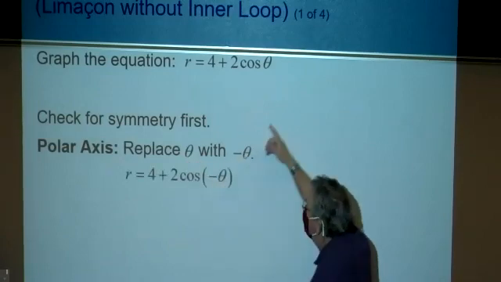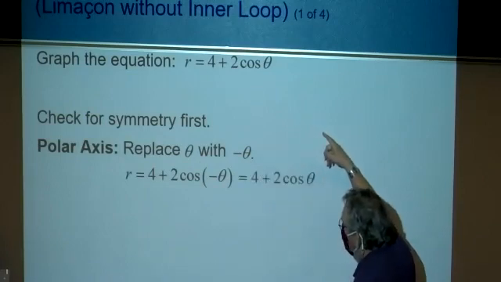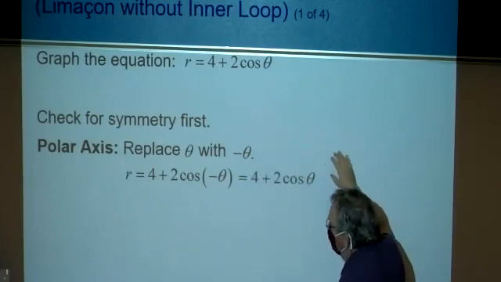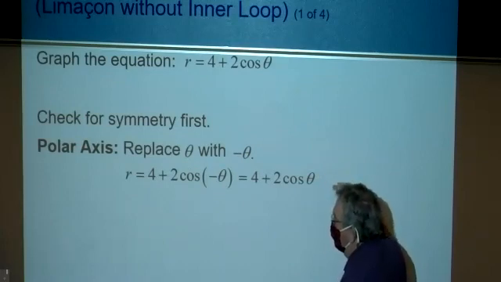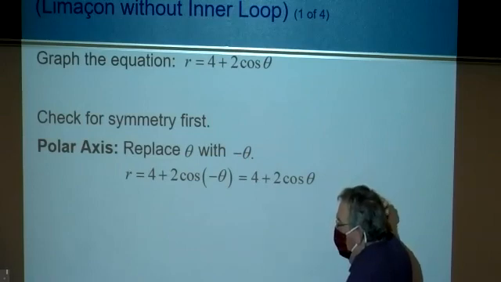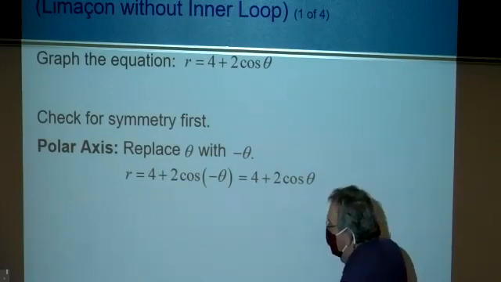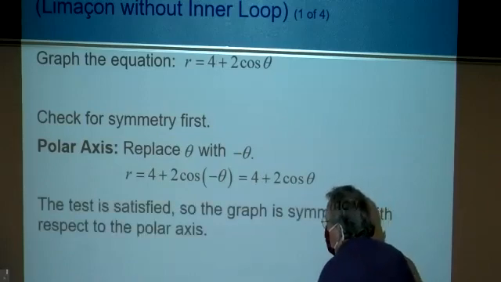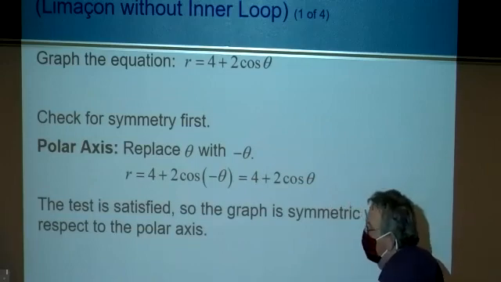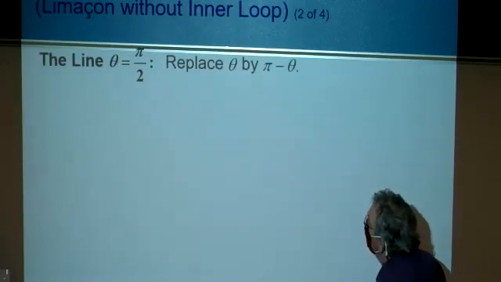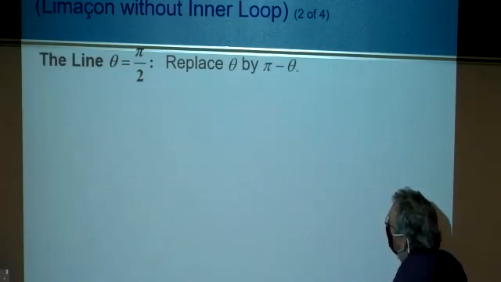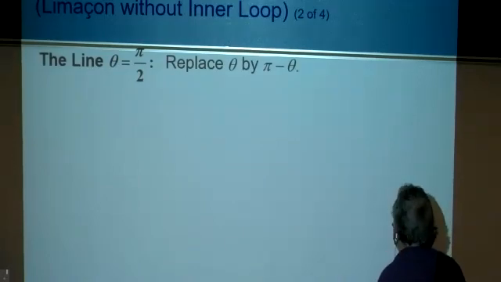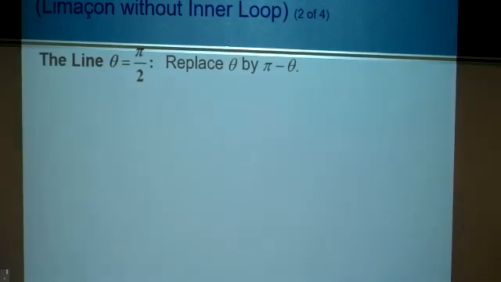So we're going to wind up with the same equation. So it does have symmetry with respect to the polar axis. But we also need to check to see if it's symmetric with respect to theta equals pi over 2. And so we replace theta with pi minus theta to check for that.